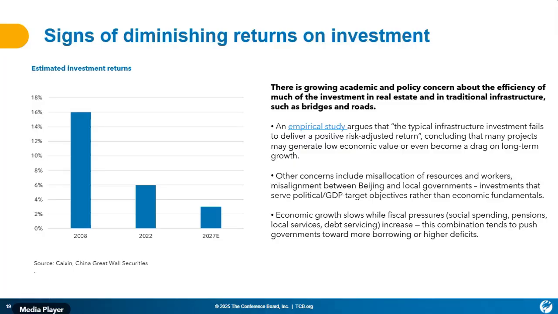But returns on investment are diminishing, and meanwhile, the government is all in on a campaign to increase investment in manufacturing. And there's a tension here where the state-owned and state-vested firms are investing and the private sector is really sitting on the sidelines.